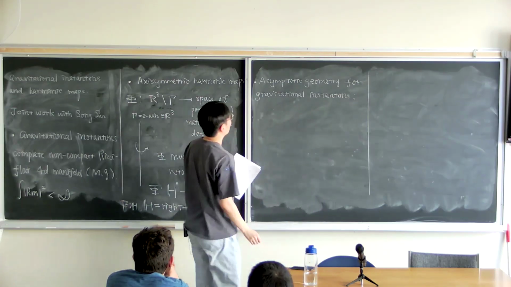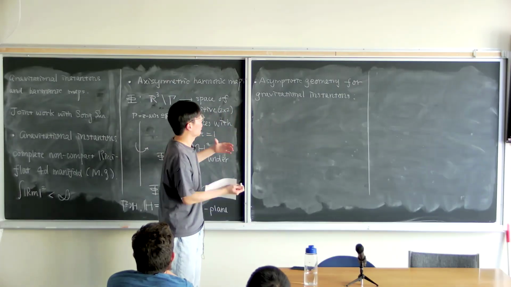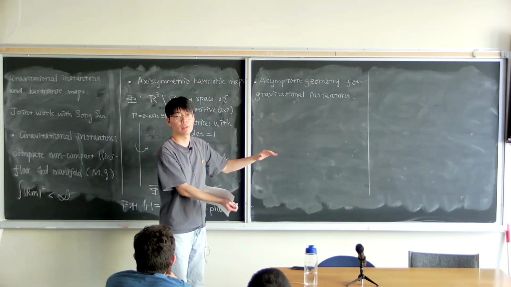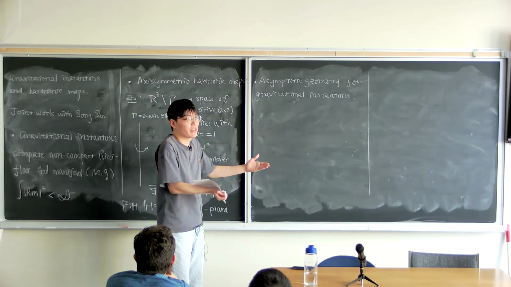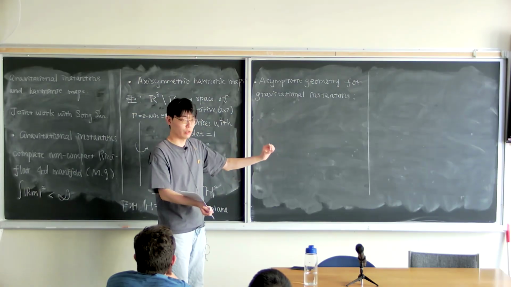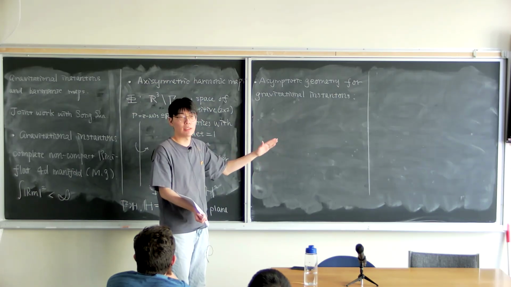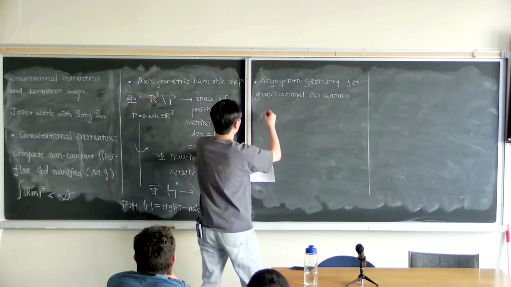What do I mean by asymptotic geometry? It means that we only consider gravitational instantons that are asymptotic to a certain model at infinity. It's already a problem to show that every gravitational instanton is asymptotic to some model, and it's also a problem to classify all the asymptotic models. But I'm not going to talk about that problem today. I'm just going to tell you some very classical asymptotic models.